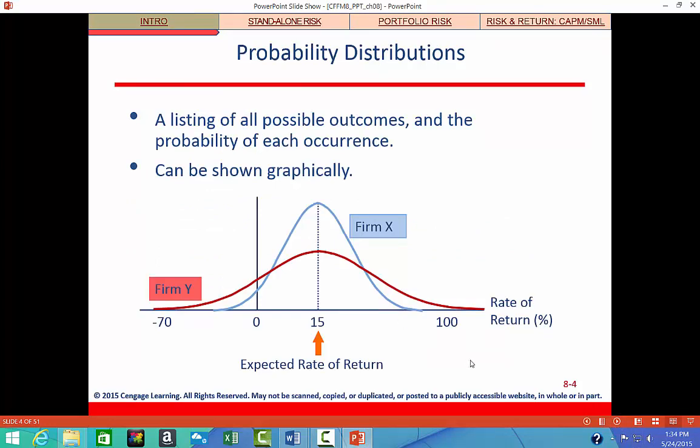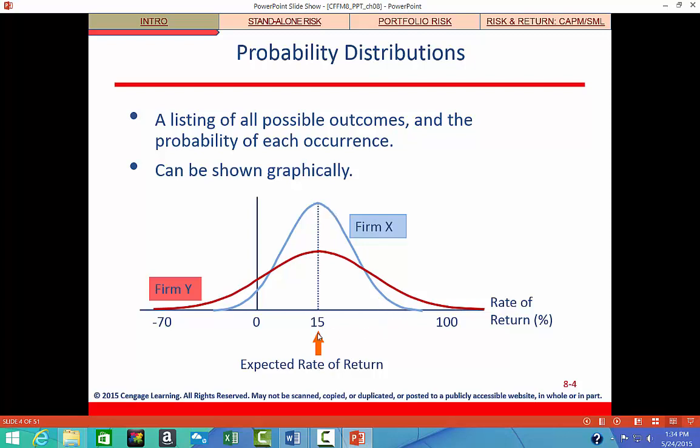So here's just an example, this should remind you of statistics, of different probability distributions. So we have firm Y and firm X. Firm X has a lower standard deviation because it has a shorter graph.